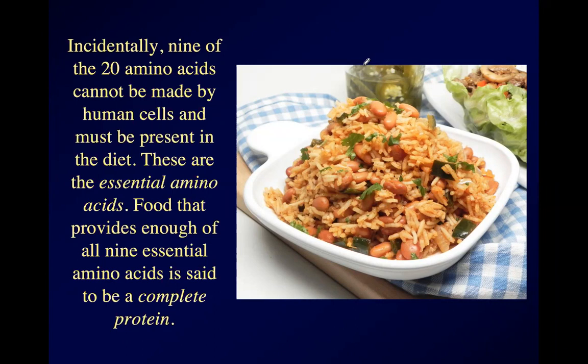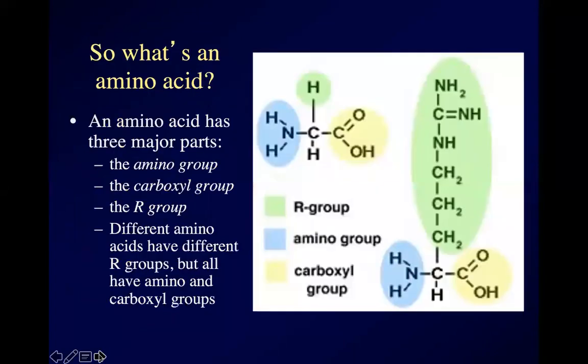If you're not eating a complete protein, you can end up with various deficiency diseases. I think if you live only on corn, you can end up with a deficiency disease. But if you mix your corn and your beans, you'll be fine. So that's what essential amino acids are.